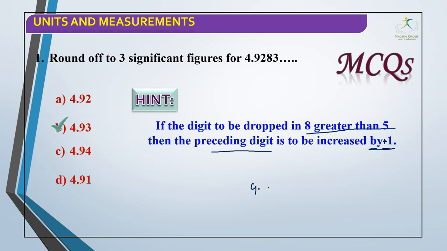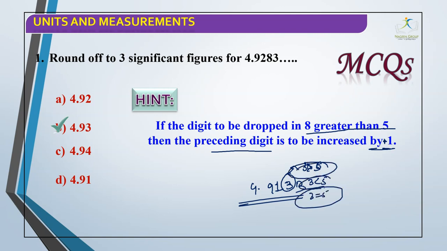Similarly, if the question is 4.91 with 3, the same question, you have to again look at this particular point. Is 3 greater than 5, less than 5, or equal to 5? We are not doing minus in that scenario, we just write the values as given.